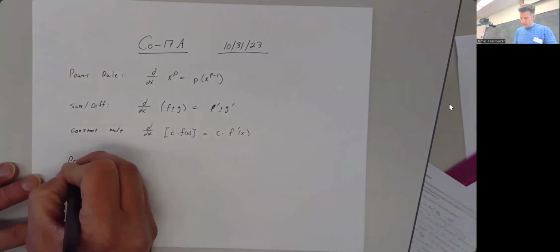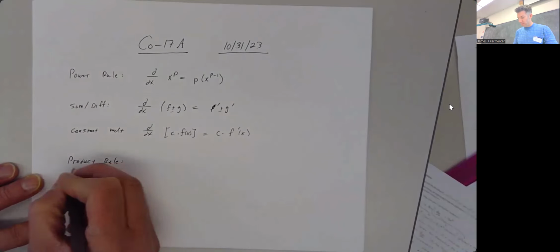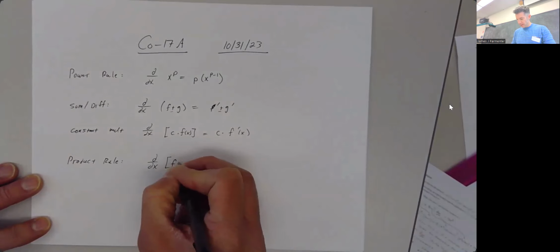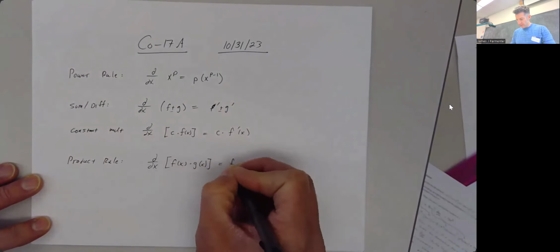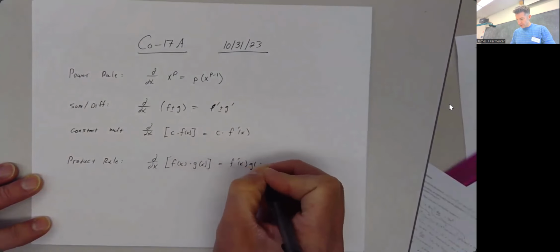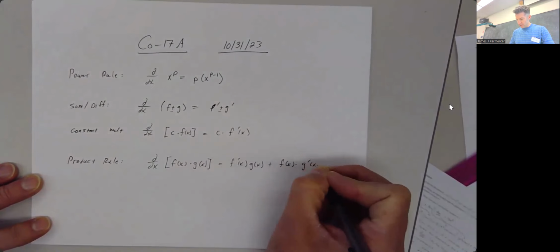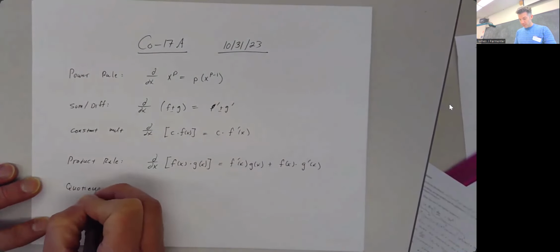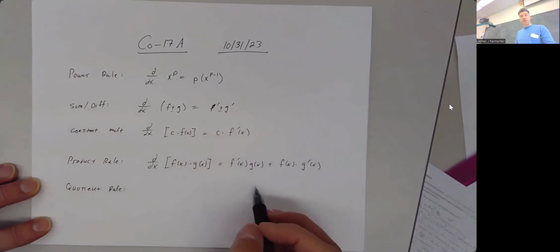So the product rule, let's remind ourselves, is that the derivative of f of x times g of x is f prime of x times g of x plus f of x times g prime of x. And then the quotient rule looks a lot like the product rule, at least the top part does, except you have subtraction instead of addition.